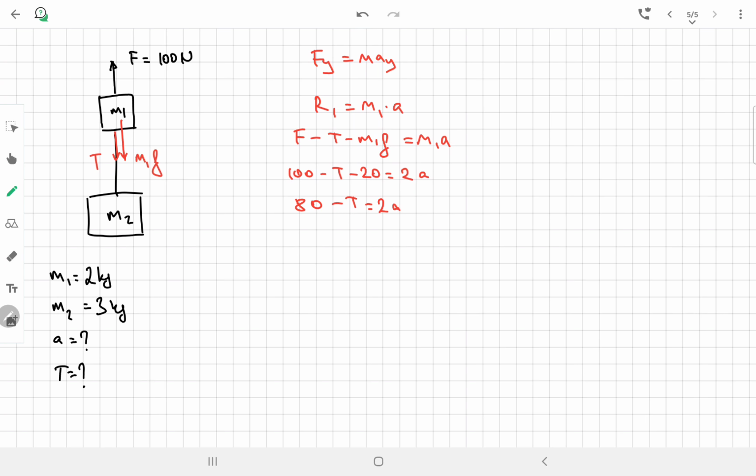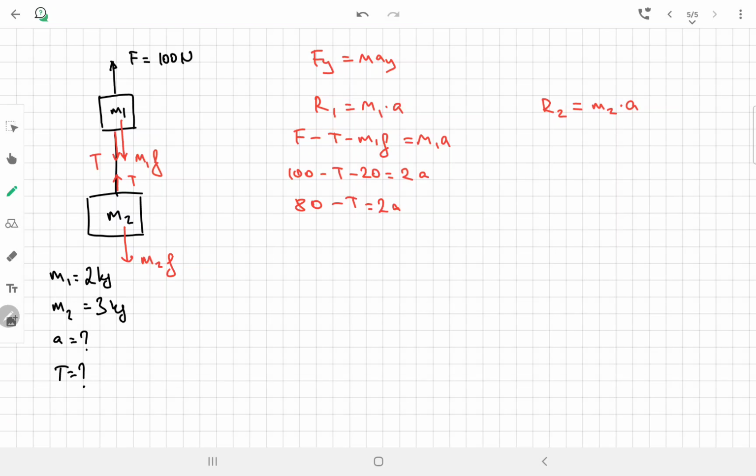Of course, this second object will move upward because the rope is applying force upward. And this force, of course, is tension, the same tension. Downward, we have its own weight. So the resultant force acting on the second object should be equal to the mass of the second object times acceleration. Again, these two objects have the same acceleration because of the rope.